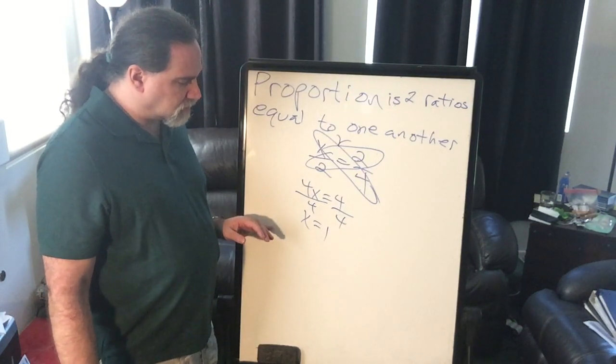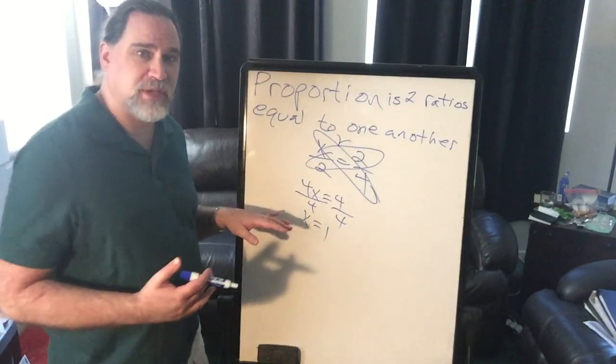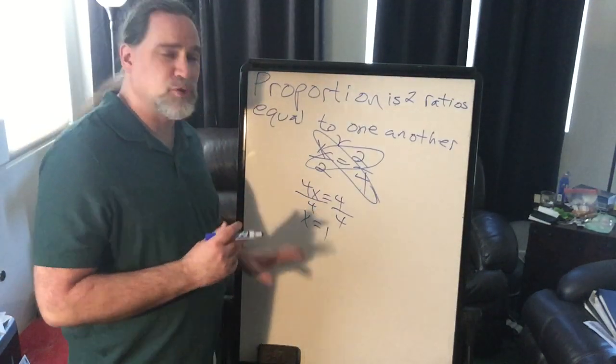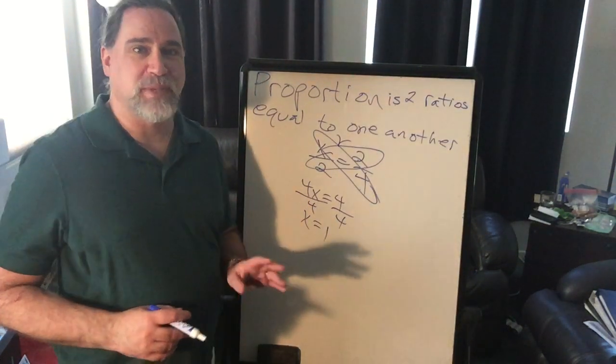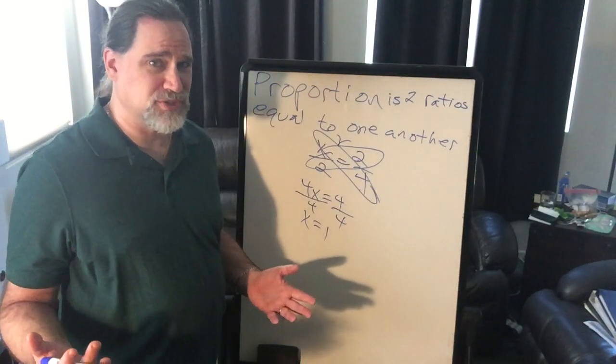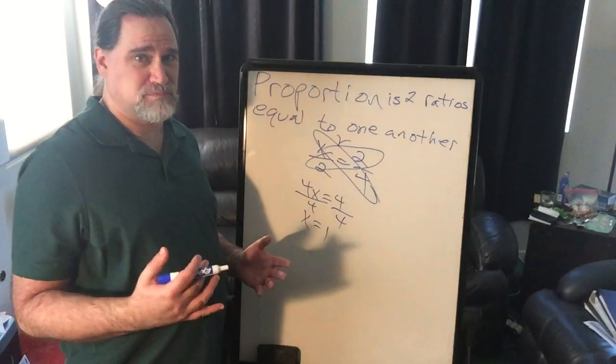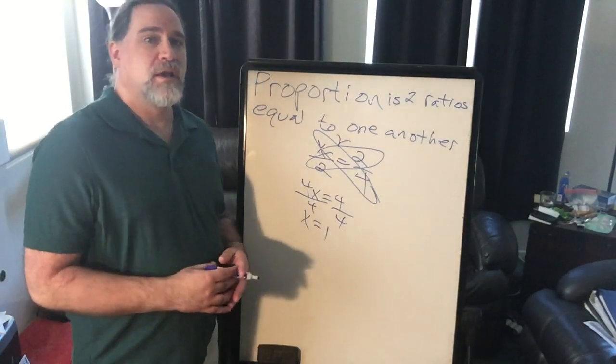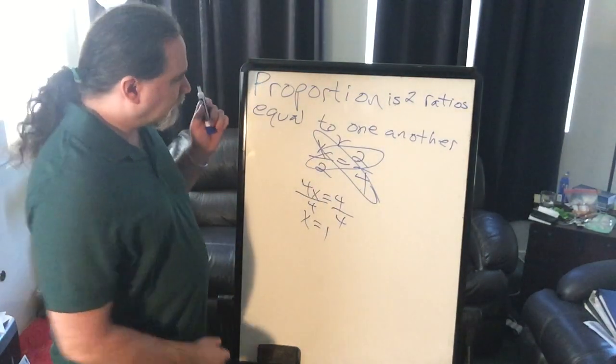Now, this is one that becomes super, super important if you become a parent. I know you're going, what? How are proportions really that important to parenting? Here's the why.